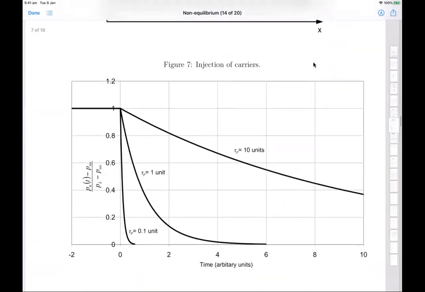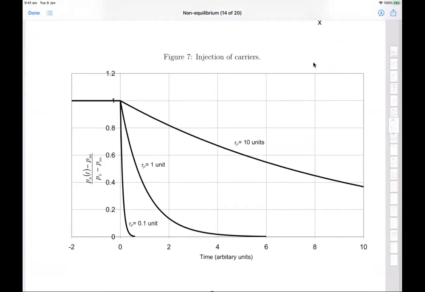So in figure 7, we can see the effect of changing the minority carrier lifetime. If the minority carrier lifetime is short, then when we turn the light off, the excess generated electron-hole pairs will recombine and very quickly go back to the equilibrium value.